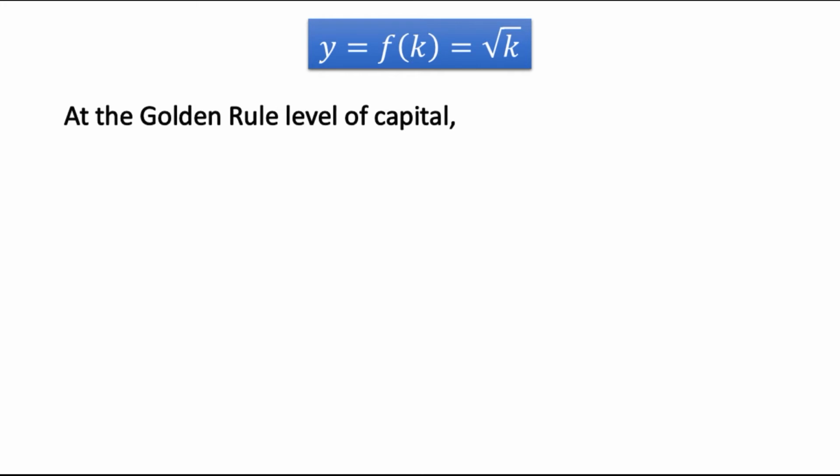At the golden rule level of capital, marginal product of capital equals delta. We know that at the golden rule level of capital, slope of production function equals slope of depreciation line.